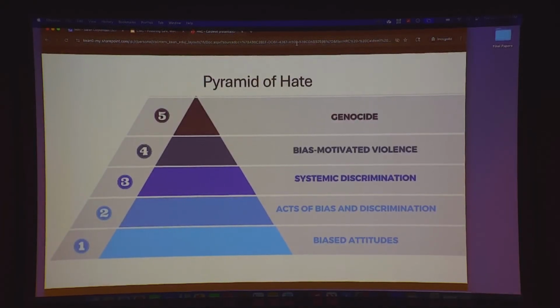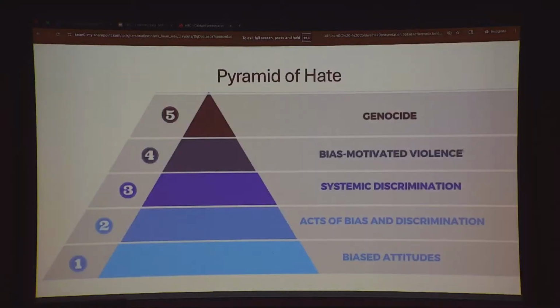And then we have the third is systemic violence, the fourth is bias-motivated violence, and the top of the pyramid is genocide. And so while it may seem like a long way to go from biased attitudes to genocide, it's not that easy to differentiate between how viewing people as other, treating them differently, and not being challenged in treating them differently can lead to genocide.